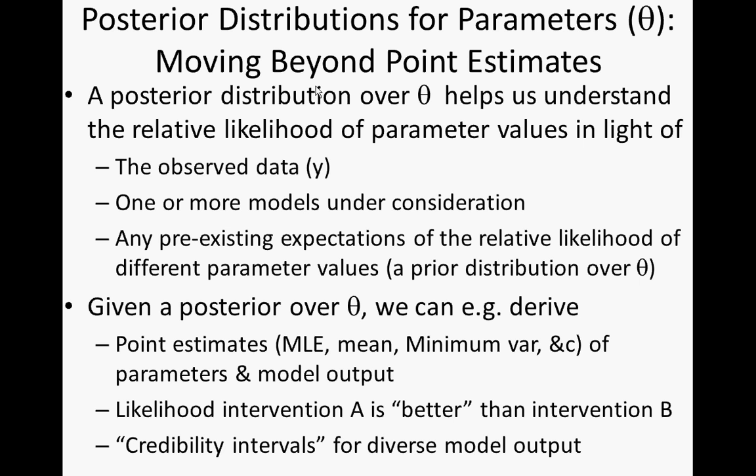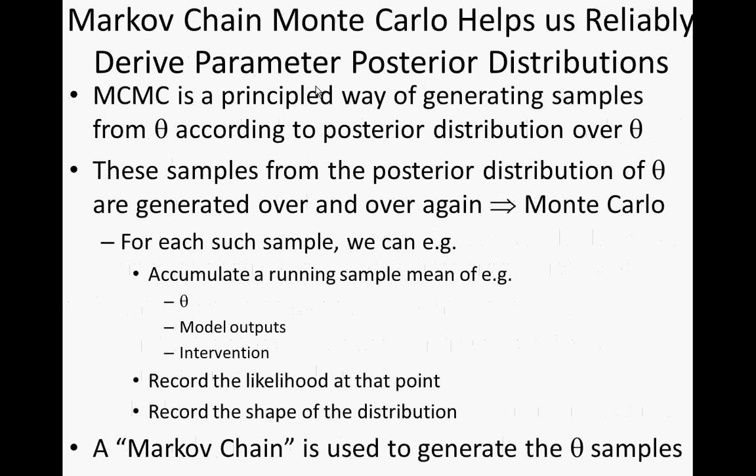So Markov chain Monte Carlo techniques help us to reliably derive posterior distributions for parameters. Now, what's really notable here is that it's a very principled and general way for arriving at these approximations to these distributions.